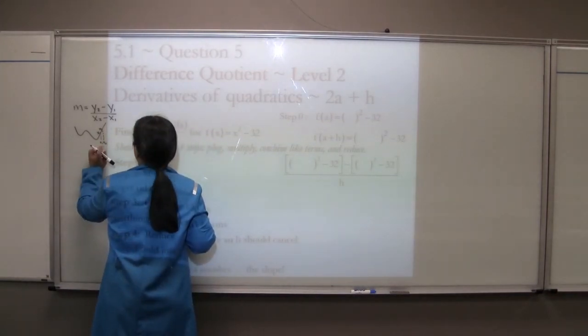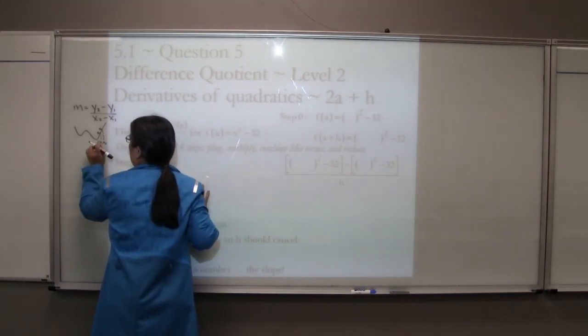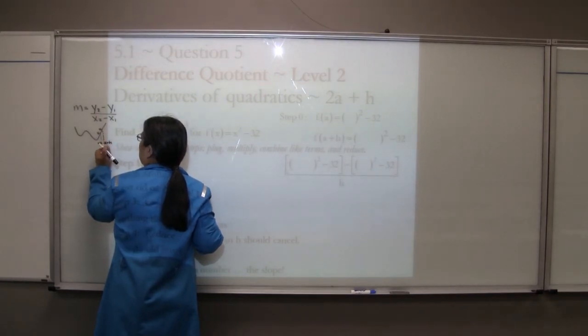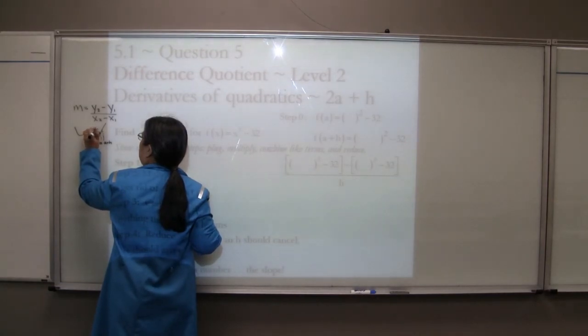So here, instead of x and x1 and x2, we are using a and a plus h, meaning a plus a little bit. So these become f of a and f of a plus h.